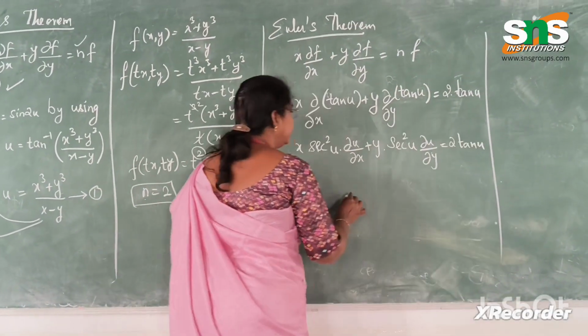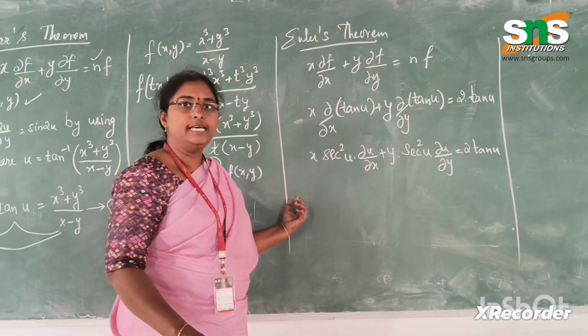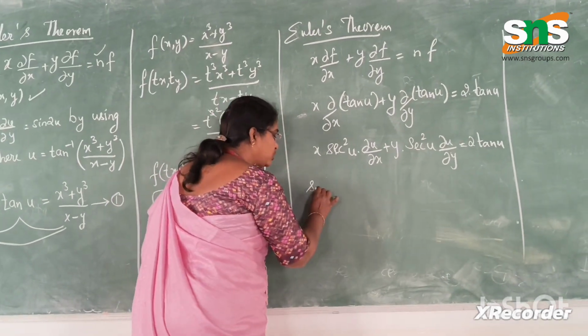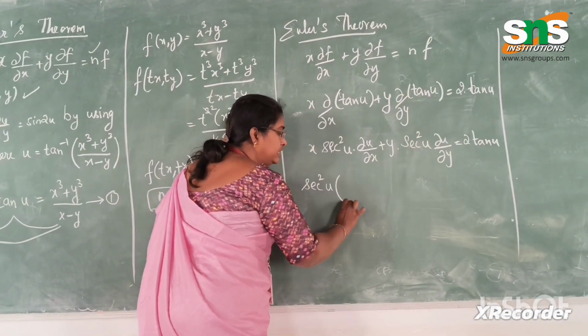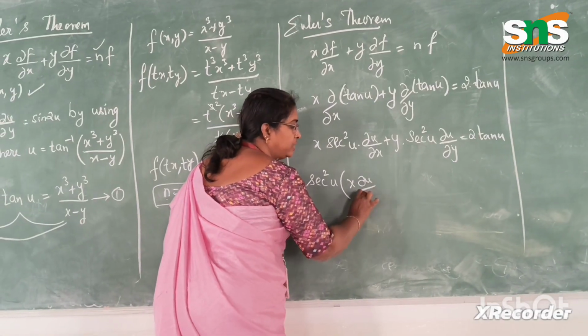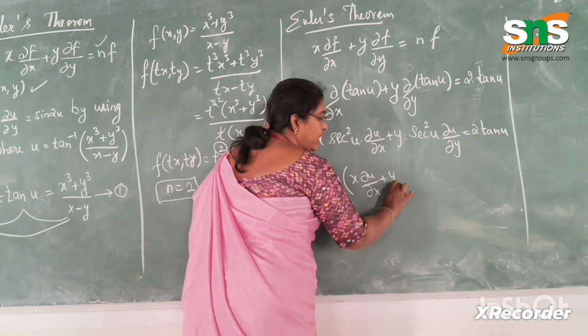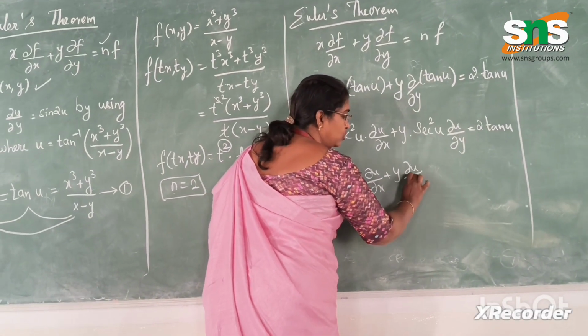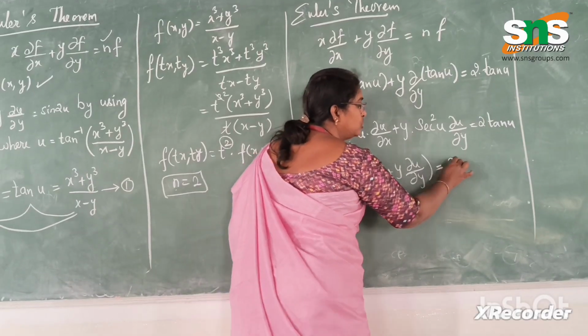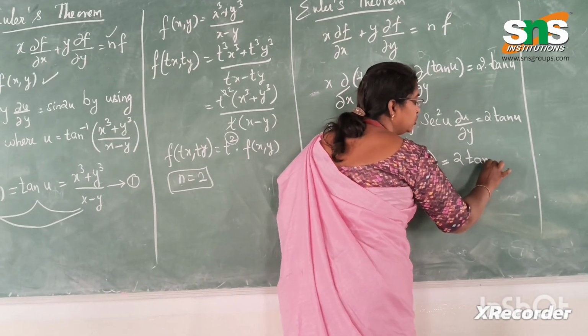Then take secant squared as a common term: secant square u into x ∂u/∂x plus y ∂u/∂y equals 2 tan u.